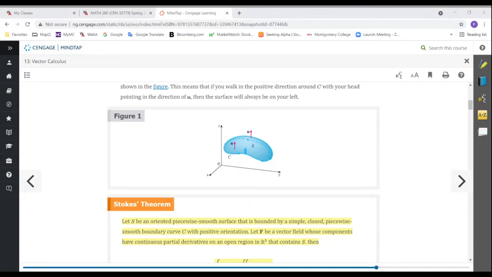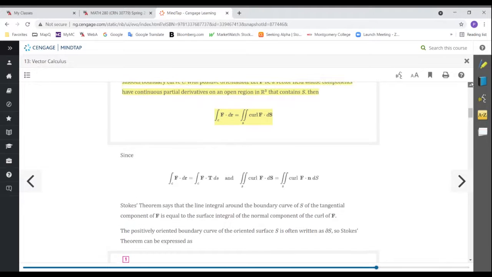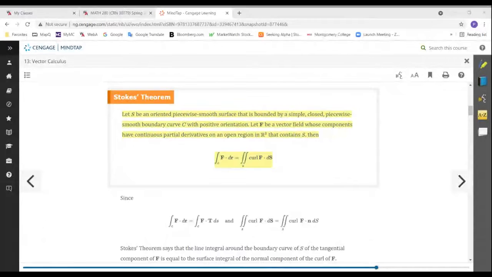So all we need to do is look at some examples.